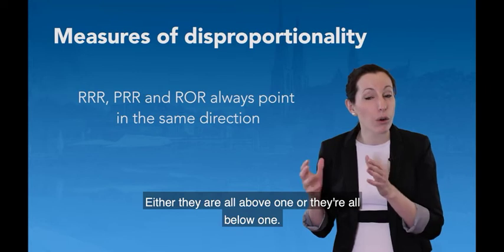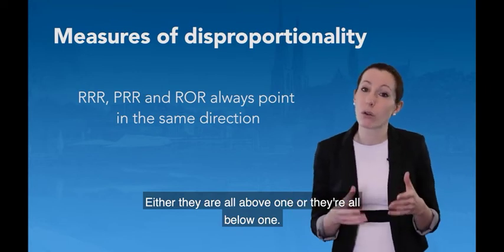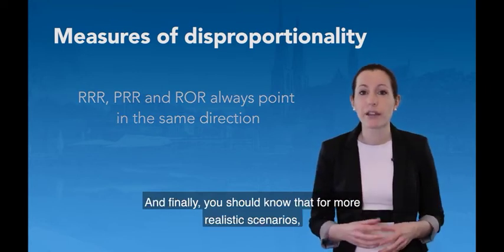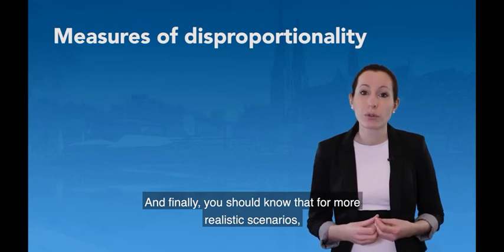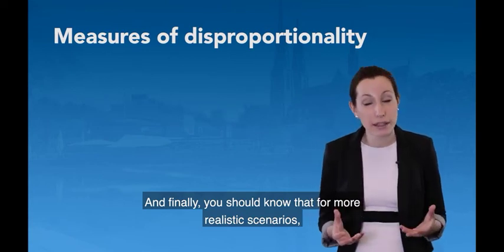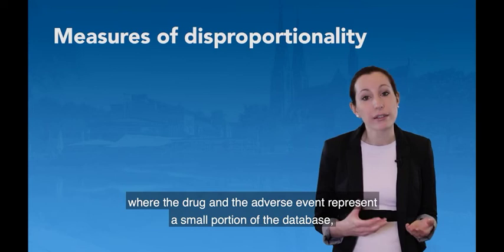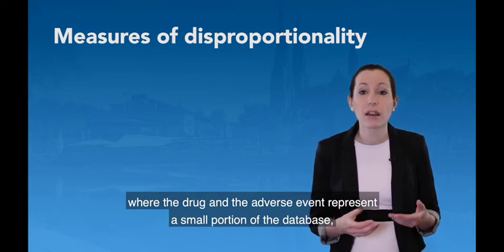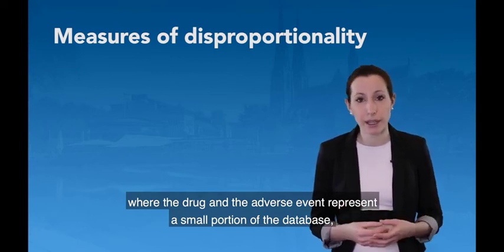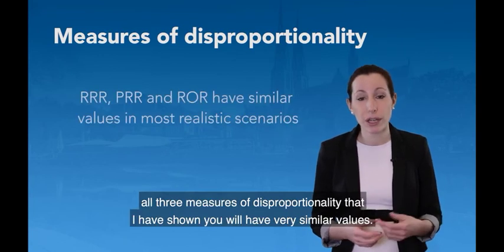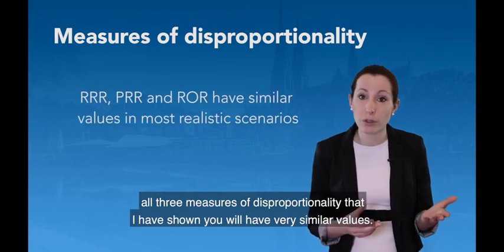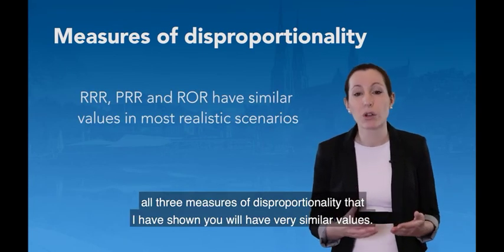Either they're all above 1 or they're all below 1. And finally, you should know that for more realistic scenarios where the drug and the adverse event represent a small portion of the database, all 3 measures of disproportionality that I have shown you will have very similar values.